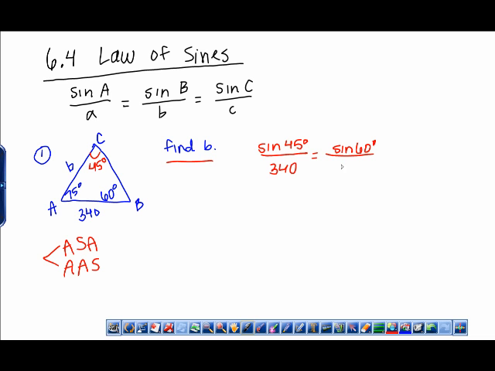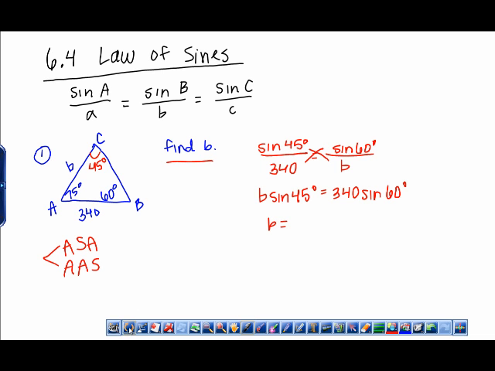Both of these angles are something that you could solve without a calculator, but we're not going to make you do that. You're just going to use the calculator like you did in yesterday's lesson. So we're going to find this by multiplying. B times sine of 45 degrees is equal to 340 times sine of 60 degrees, and then you're going to divide by sine of 45.